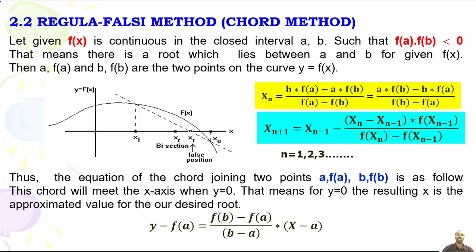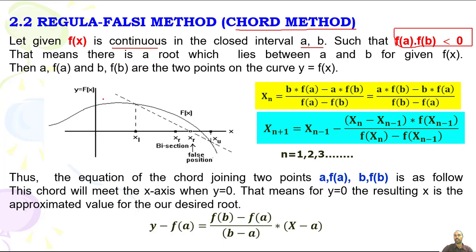And the second method is the Regula-Falsi method, or chord method. Given f of x is continuous in a closed interval a, b such that f of a multiplied by f of b is less than 0, that means there is a root which lies between a and b, which means the function should cross in this interval.